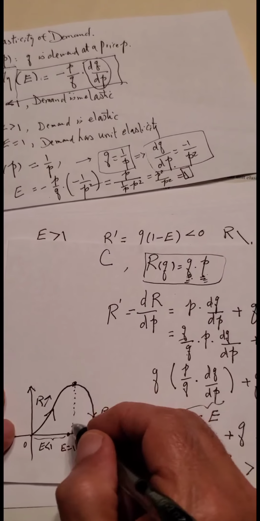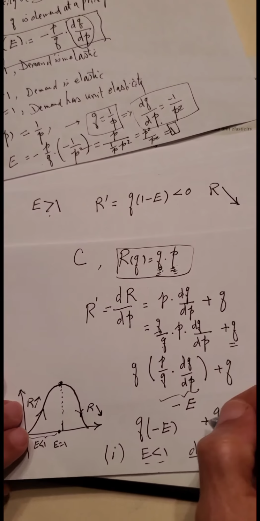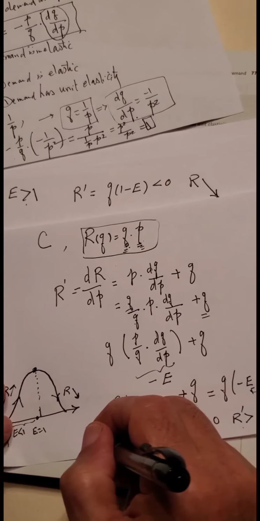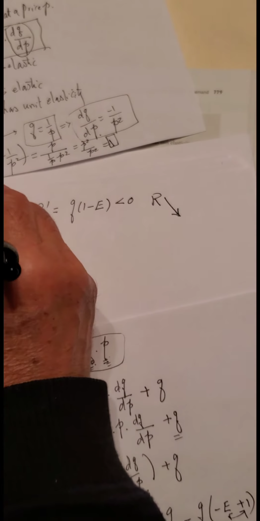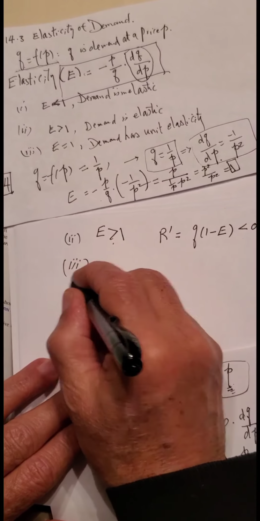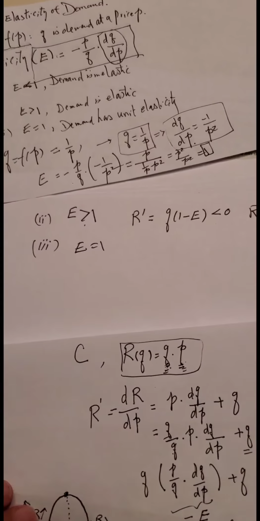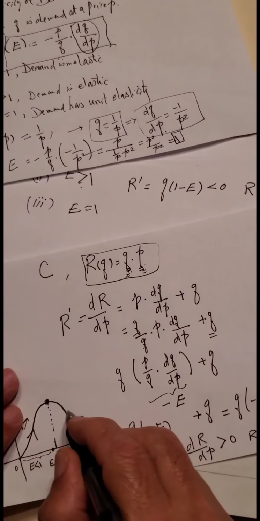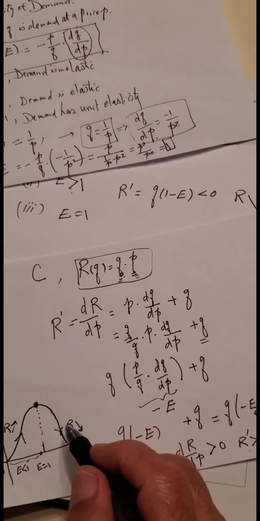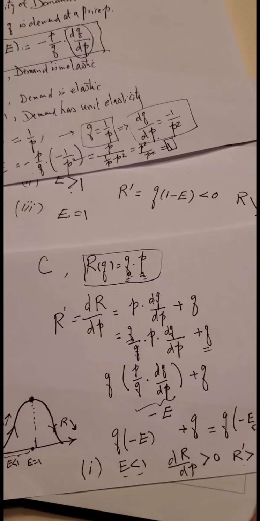And this is the second case. And the third one, when E is equal to 1, that would be the third case, which is this point. You will get only this point. It's not increasing, it's not decreasing, and it is maximum, one of the critical points.